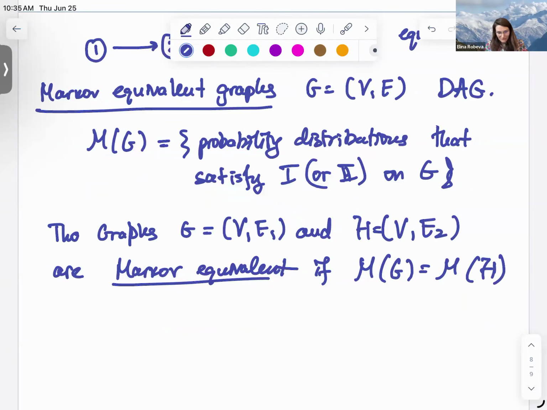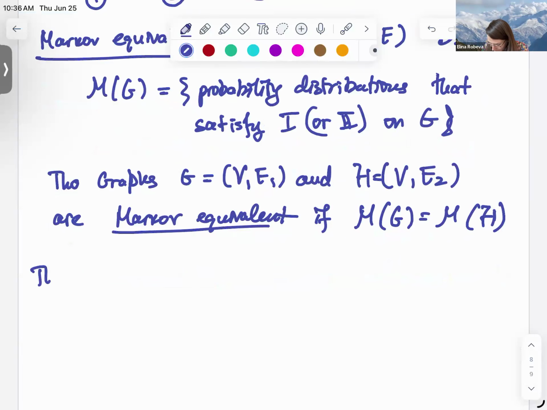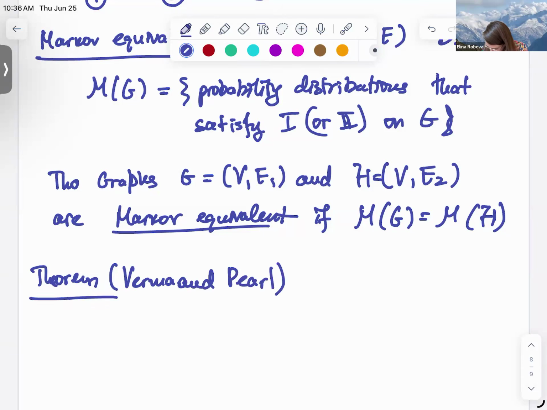And there's just a really nice theorem, and that's sort of the end of my talk. It's a theorem by Verma and Pearl that says when two graphs are Markov equivalent.